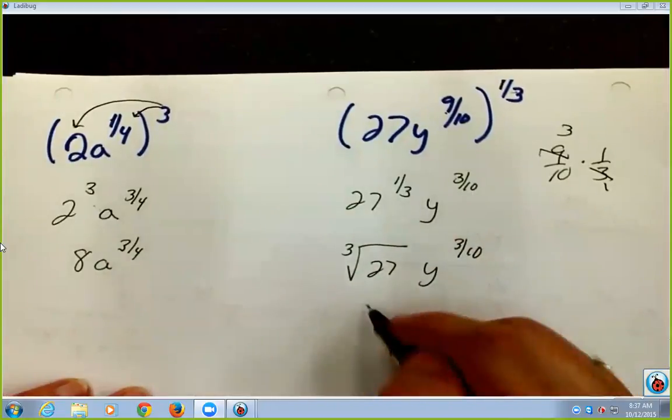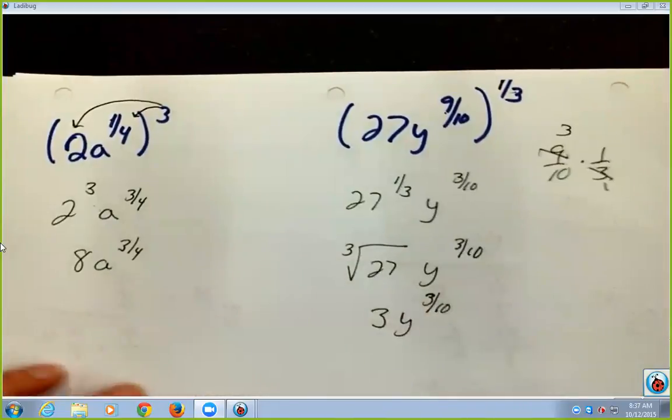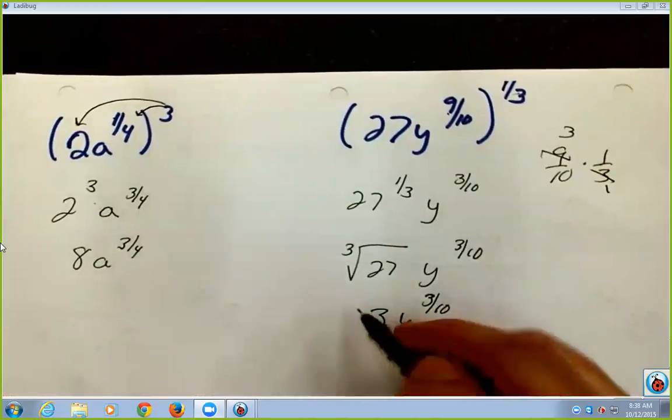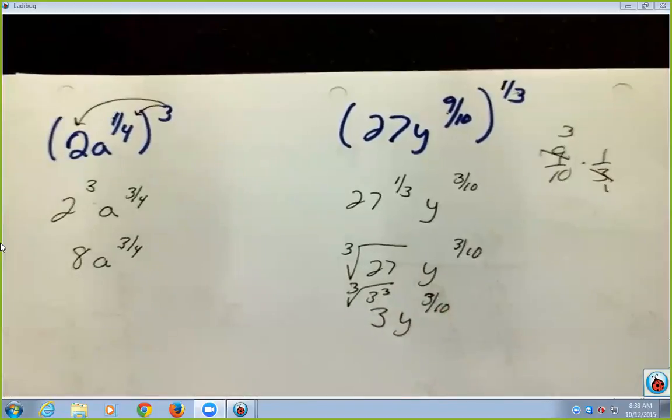So the cube root of 27 is really 3. So I have to take it one more step so that I end up breaking it apart and getting it down to its final value. And again, because 27 is 3 cubed, I can pull out a 3 out of that one.